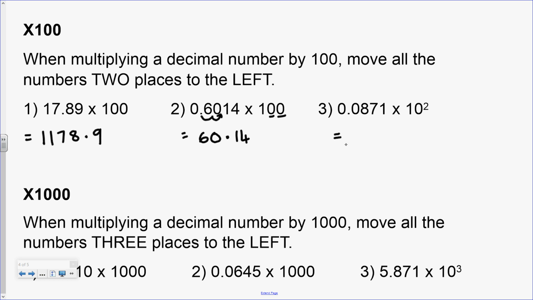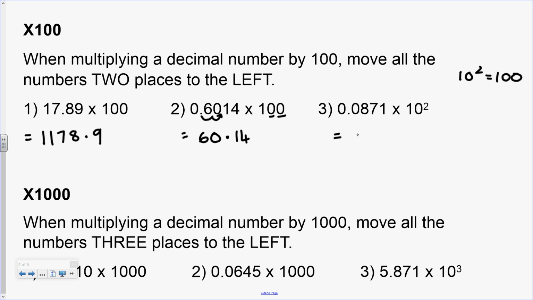And the last one. Now, the reason this looks a little bit different is because in math space, which is where you're going to do your task, the number 100 is written as 10 to the power of something. So in math space, when you see 10 to the power of 2, that is just the same as timesing by 100.